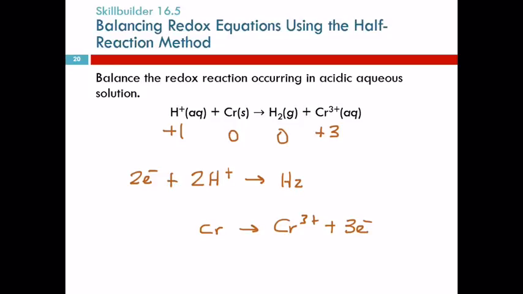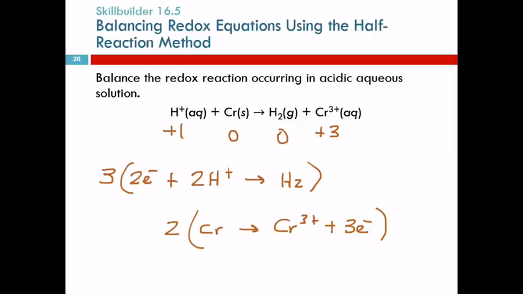So I did mass, and then I did charge. Now I have to get 2 and 3 to be the same number. Least common multiple. What's the least common multiple of 2 and 3? 6. So I'm going to multiply this top one by 3, and I'm going to multiply the bottom one by 2.